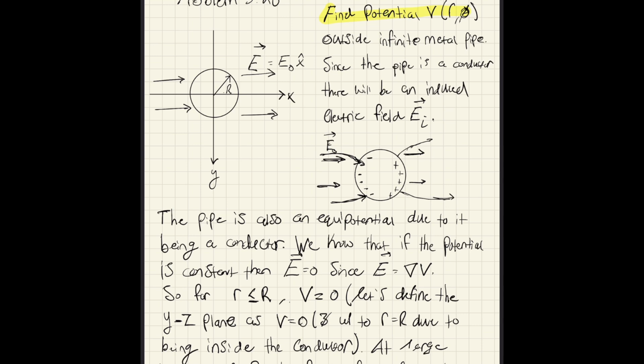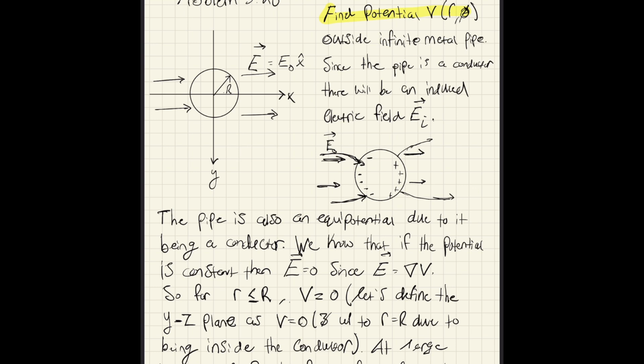Now, the pipe is metal, so therefore it's going to be a conductor. We're going to assume a perfect conductor, and due to that, there will be an induced electric field due to charges being moved around and essentially polarizing the pipe.